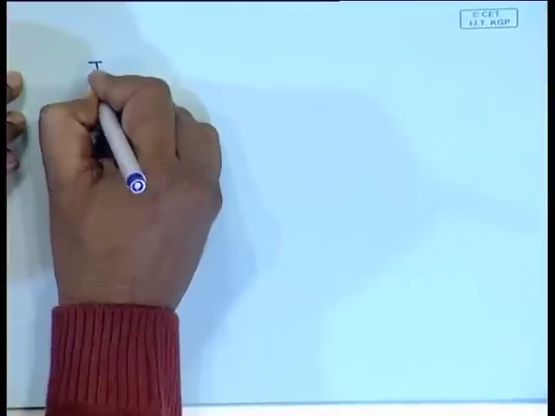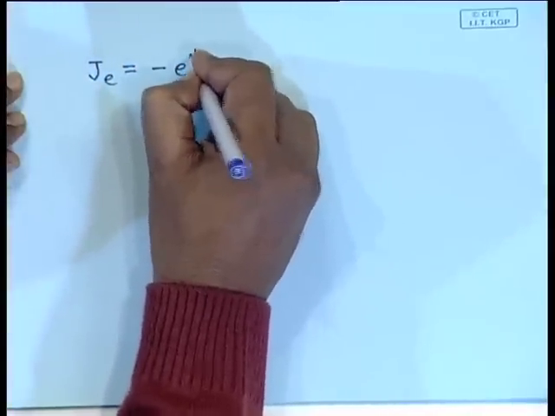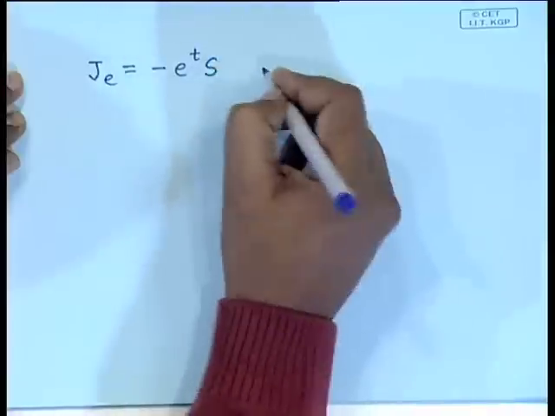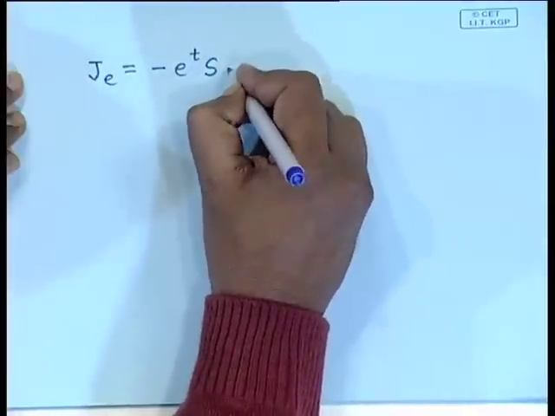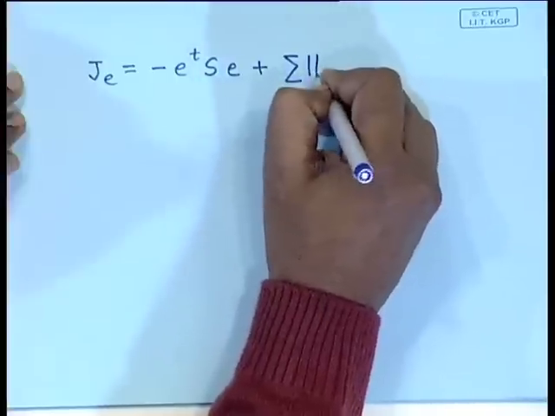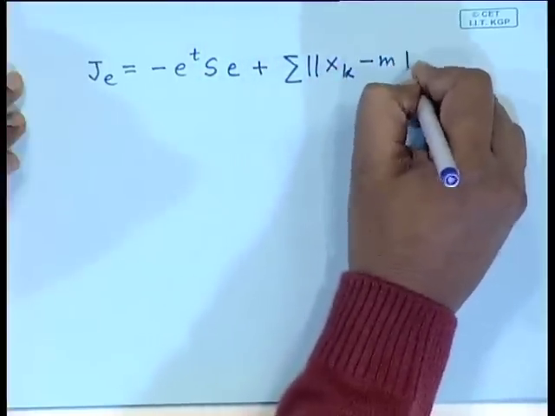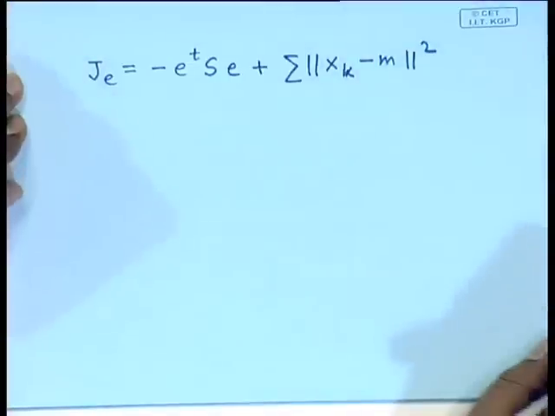So, this expression now becomes J E. If I simply rewrite this, it becomes J E is equal to minus E transpose S, that is the scatter matrix, E plus summation of x k minus m square. Okay.